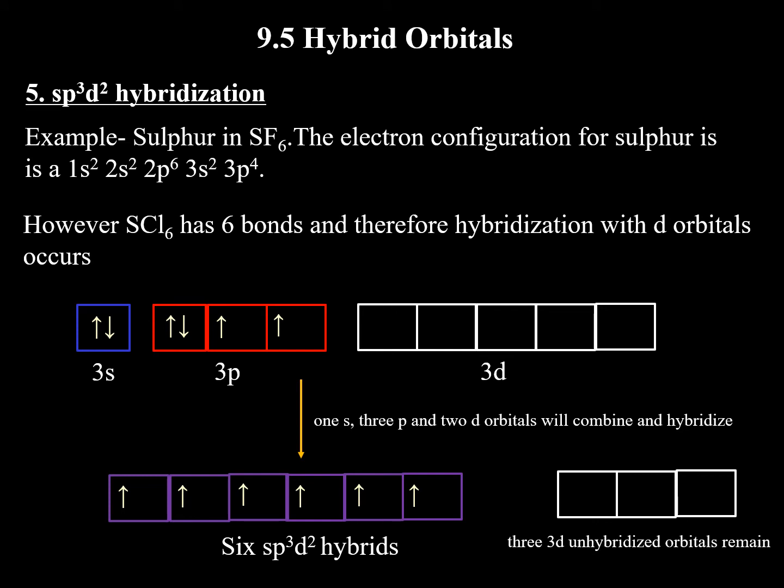Hopefully you can follow and realize there's an s orbital that combines with 3 p orbitals and combines with 2 empty d orbitals, and we have here a hybridization to give us 6 sp3d2 hybrids. And this could work for SF6, if you recall from Lewis structures, sulfur hexafluoride.